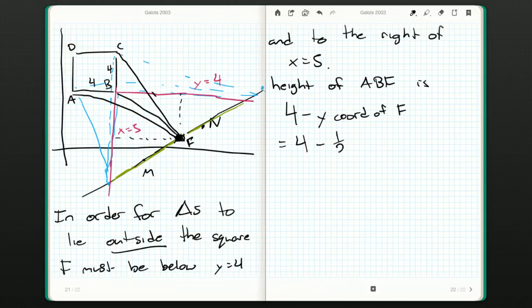So 4 minus 1/2 x minus 4, which is 8 minus 1/2 x. The height of CBF is going to be the x-coordinate of F minus 5.